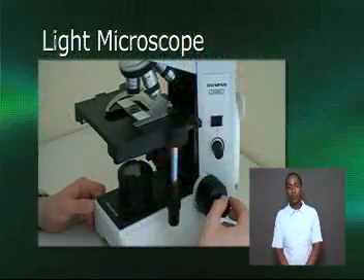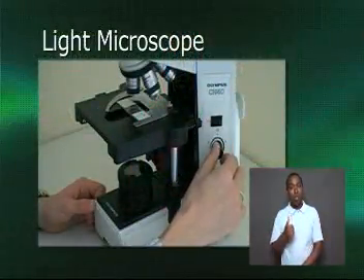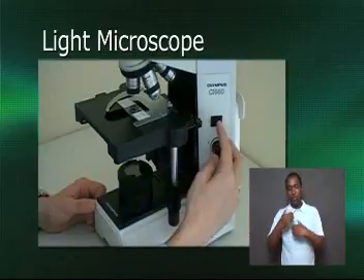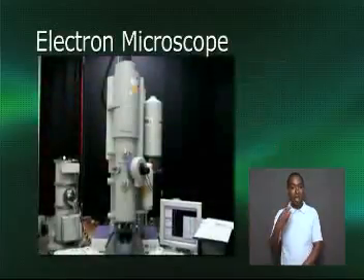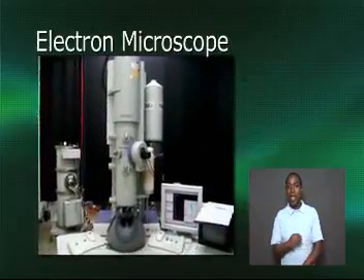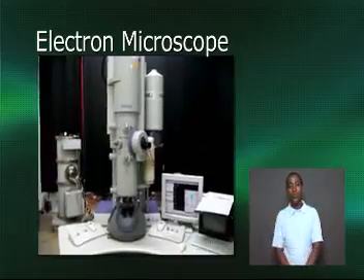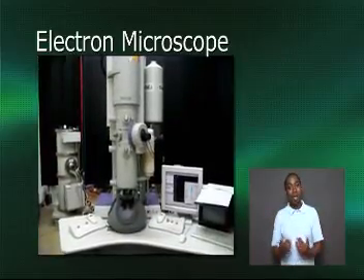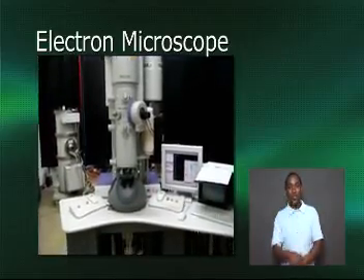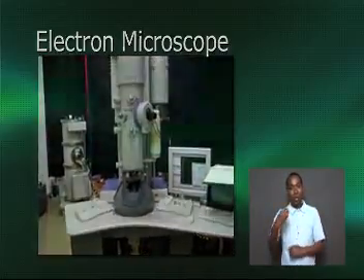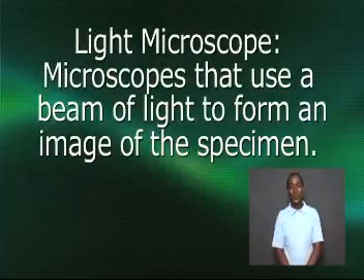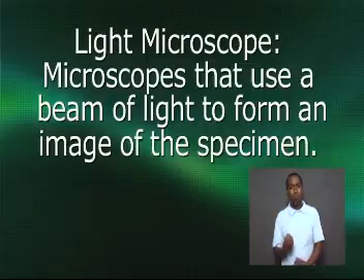There are two main types of microscopes that are commonly used: the light microscope and the electron microscope. We will be learning about both, but let us begin by discussing the light microscope. The light microscope uses a beam of light to form an image of the specimen.